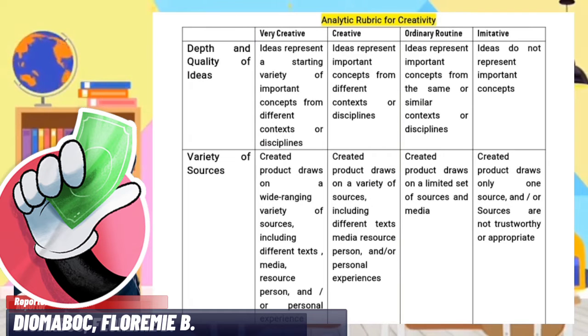In ordinary or routine, a created product draws in a limited set of sources and media. In imitative, a created product draws in only one source and or sources are not trustworthy or appropriate.